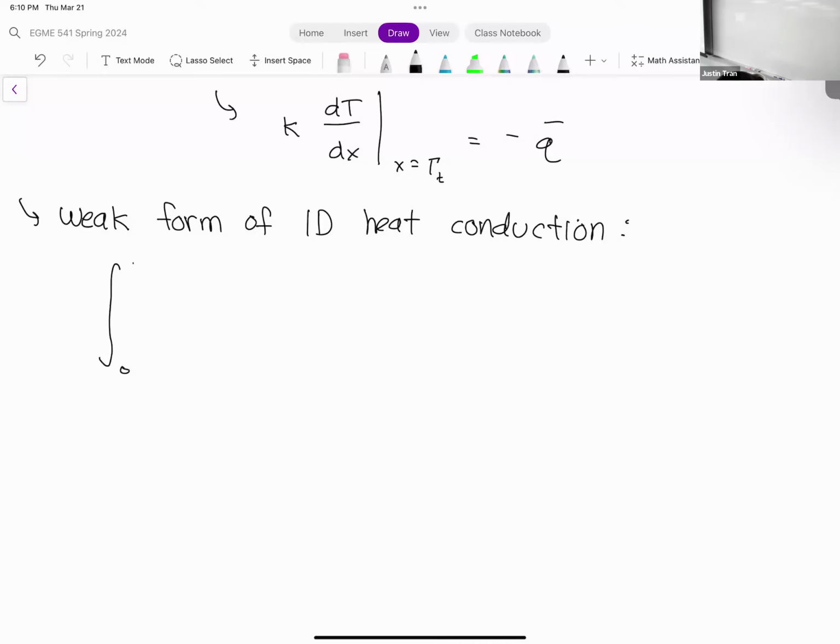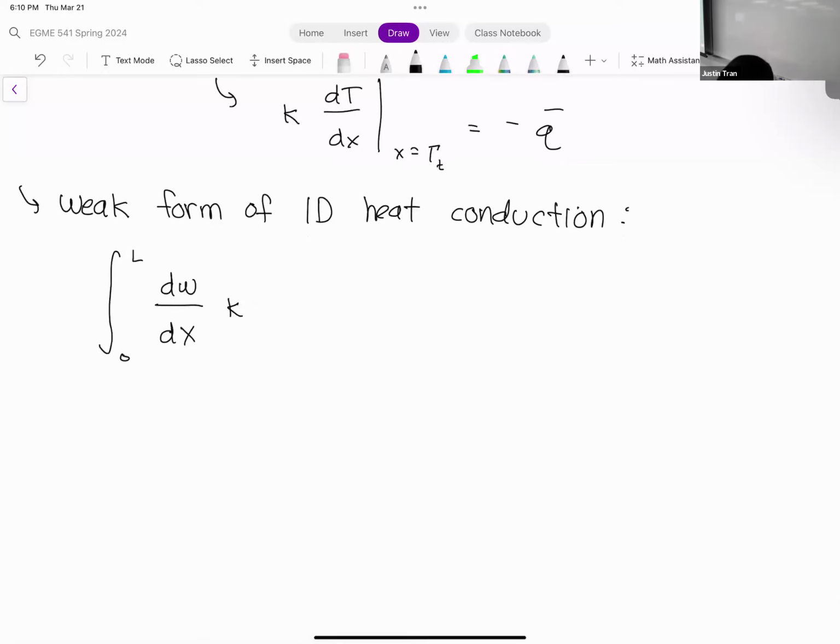All right, so we have the integral from 0 to L of dw dx times k times a times dT dx, is equal to the integral from 0 to L of w of x s of x dx plus our Neumann boundary condition term.